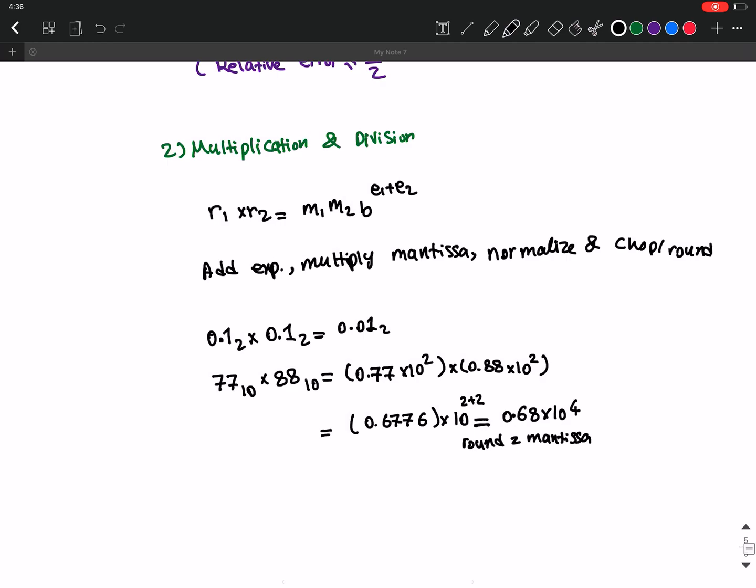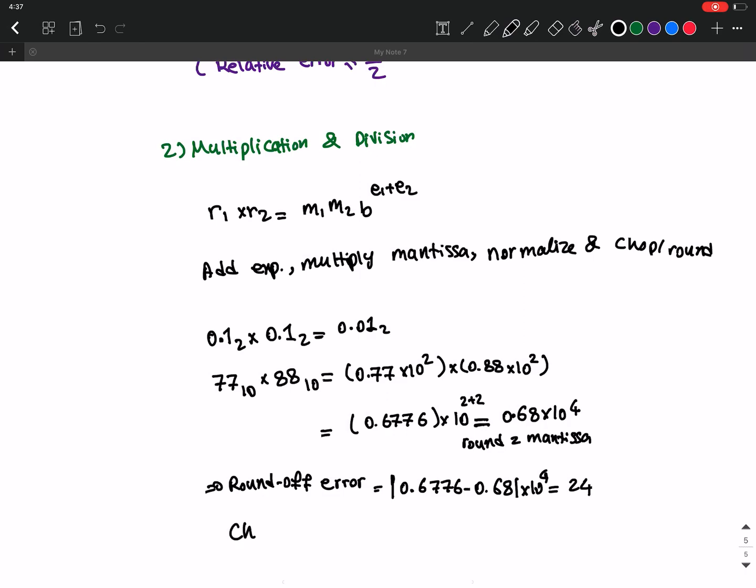Right? So let's now calculate the errors again. The absolute round-off error here is going to be 0.6776 minus 0.68, times 10 to the power 4, which is going to be 24.